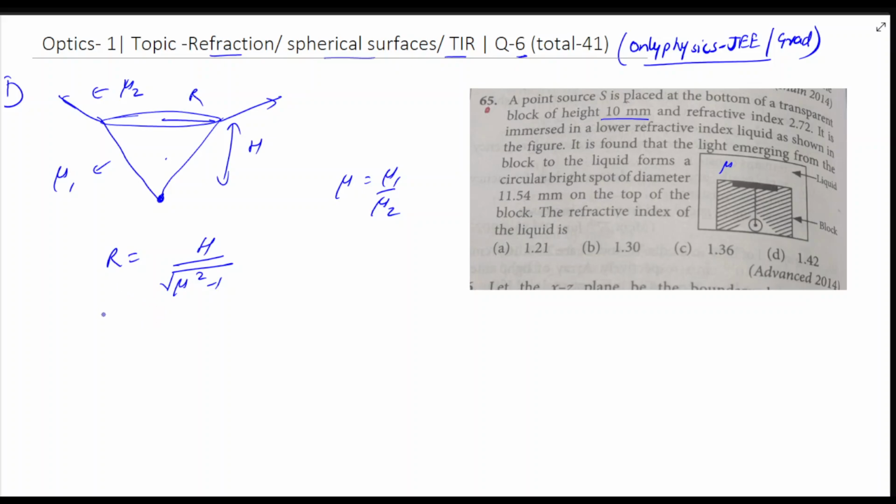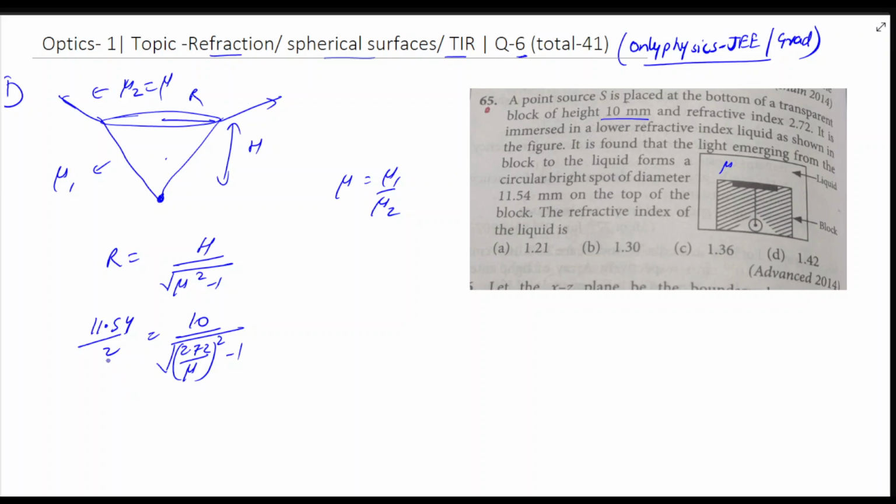R is 11.54 divided by 2, equals H. H is 10, everything is in millimeter. Mu will be mu1, so mu1 is 2.72. Let's say this is mu which we need to find, upon under root of mu square minus 1.